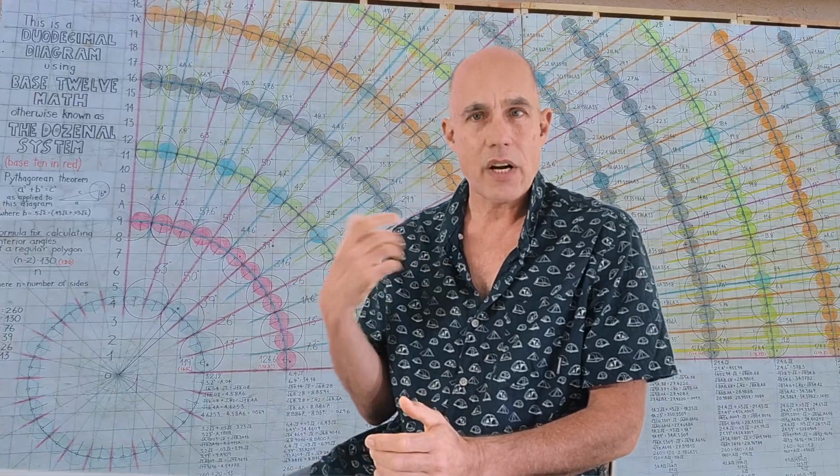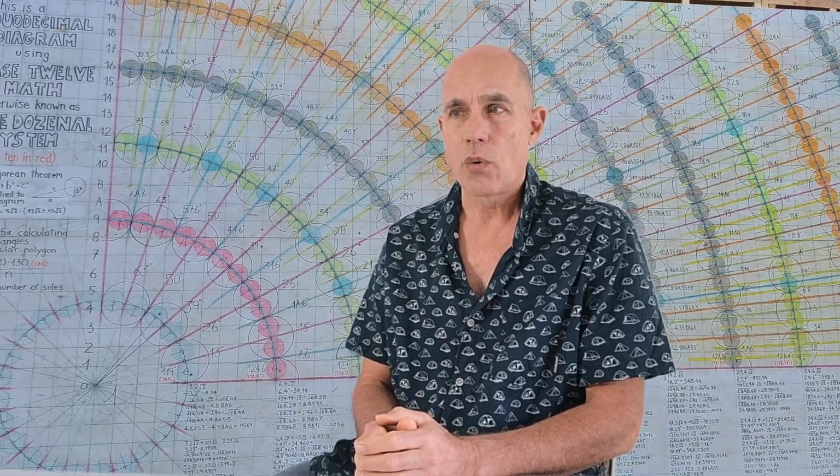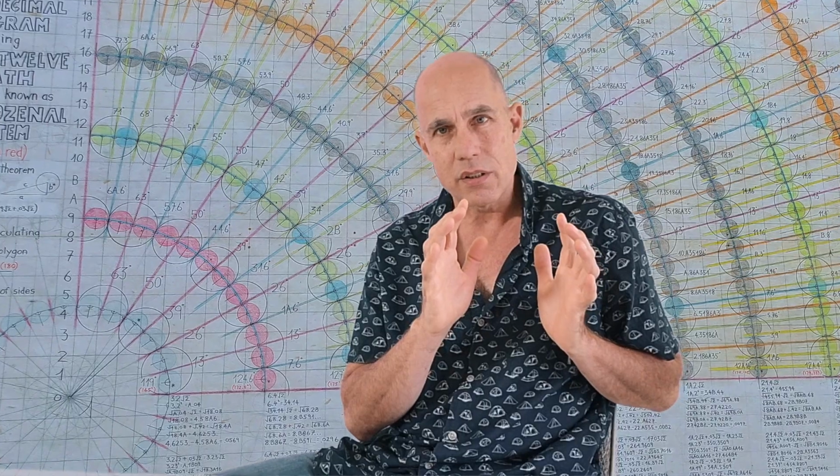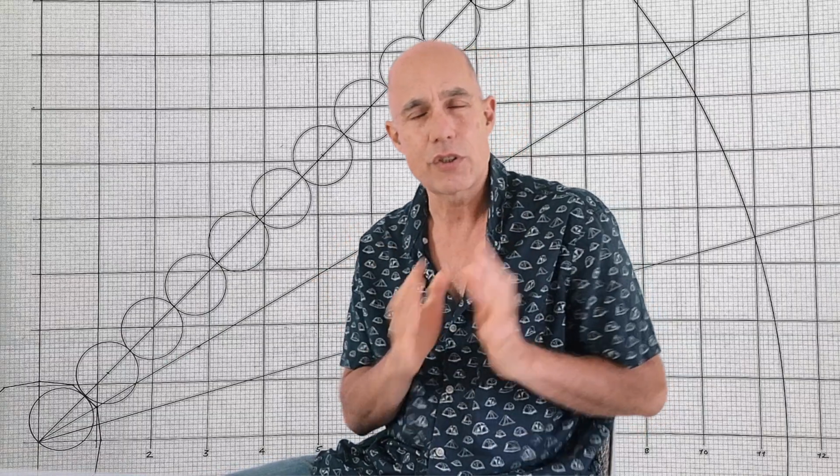In the diagram for 360 degrees, we're literally dividing the diameter of a circumference of a circle into its circumference, and then we're using the space between those sections to define where the lines of degrees go.